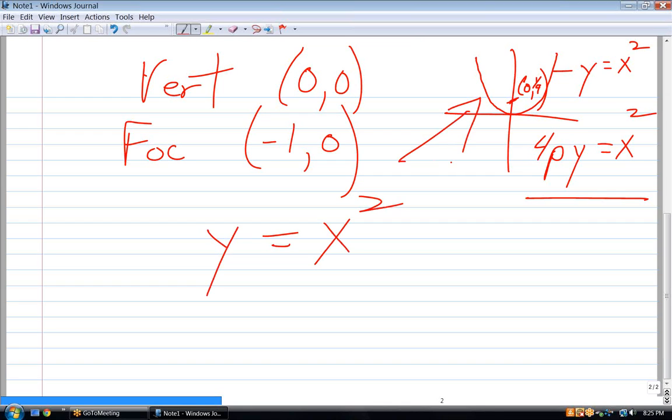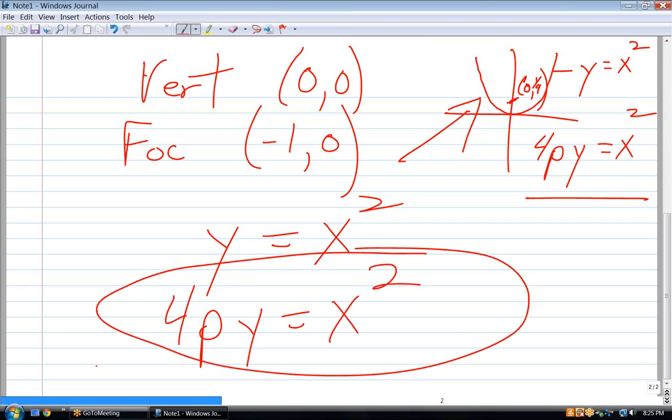That's the equation for that parabola. The general format for a parabola with a vertex of 0, 0 is this. With p being the focus length. So if I want to see what p is, I'm going to equate that coefficient with this coefficient. And this coefficient is 1. So 4p has to equal 1.